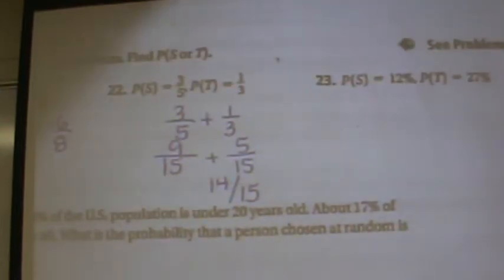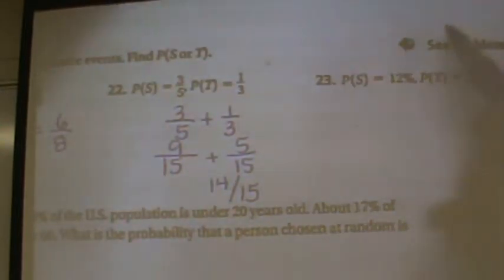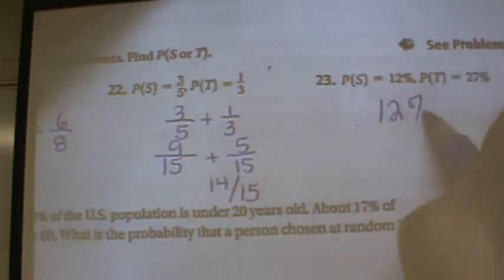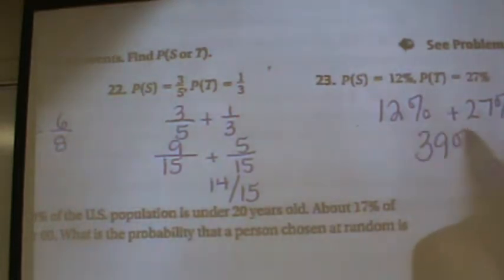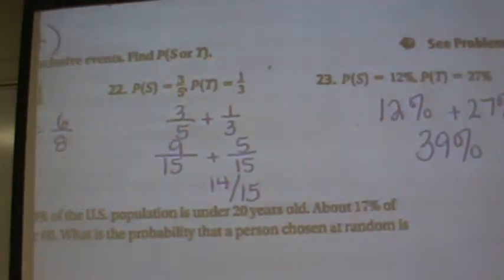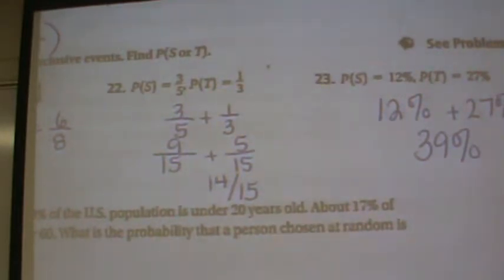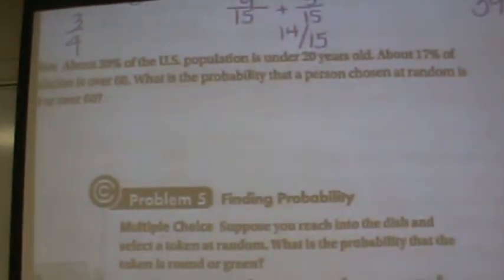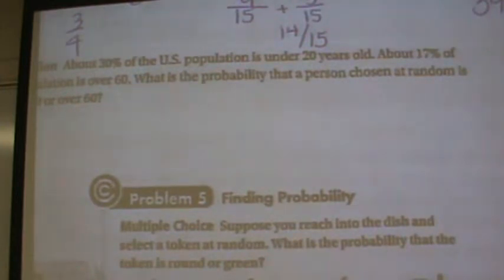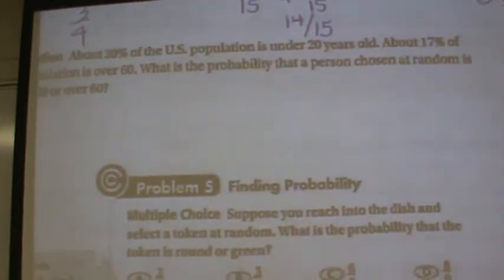And what about if they give it to you in percents? 12% plus 27%. That's easy. 39%. And we have a story problem. About 30% of the US population is under 20 and 17% is over 60.